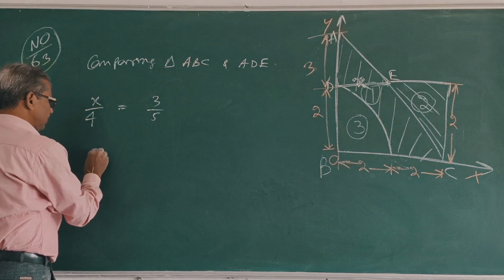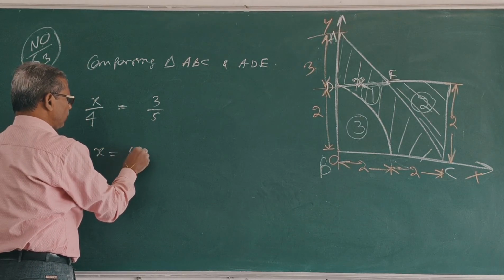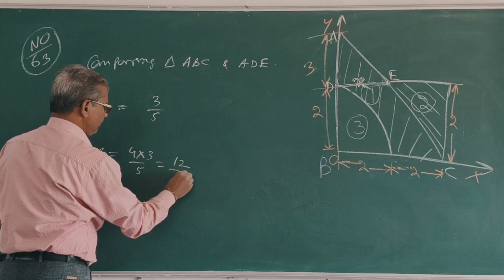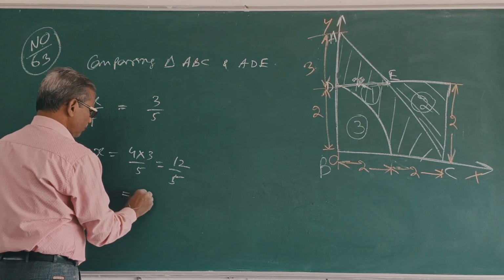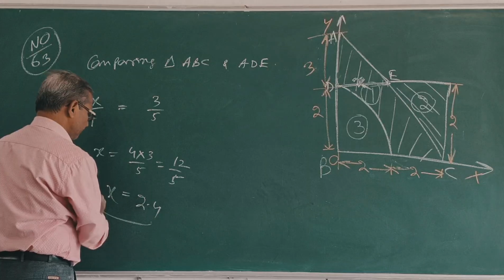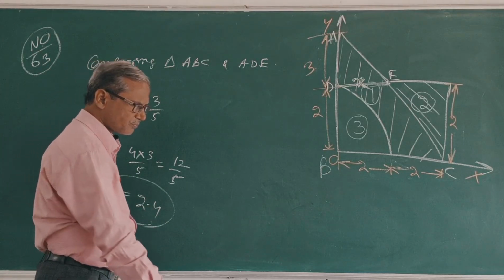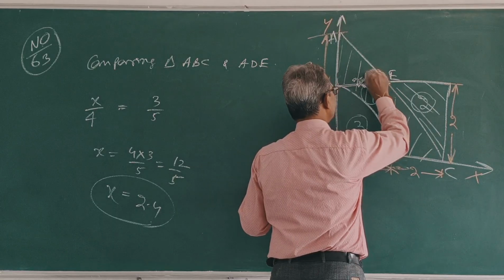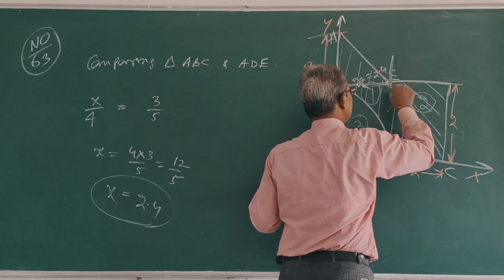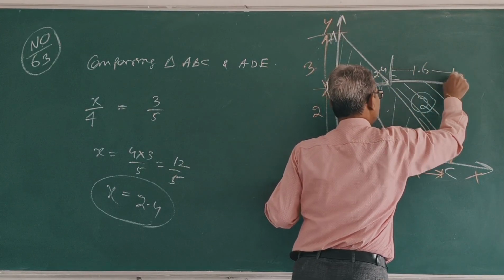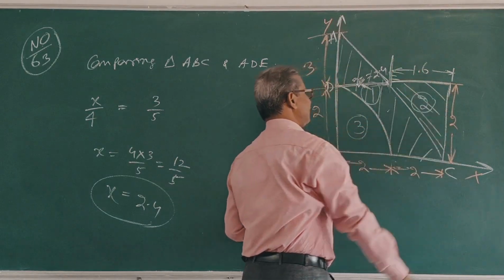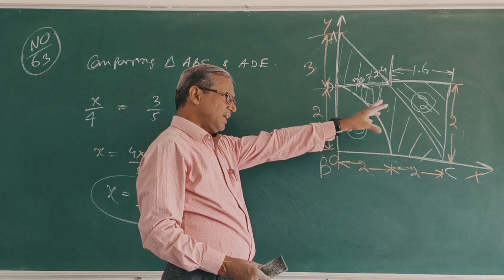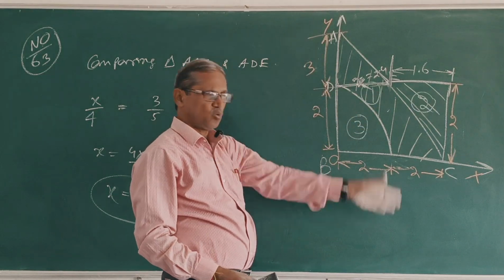What is x is equal to? 4 into 3 by 5. 12 by 5. 2.4. So if this length is 2.4, what is this length? 1.6. Clear? So for section 3, 1.6, 2.